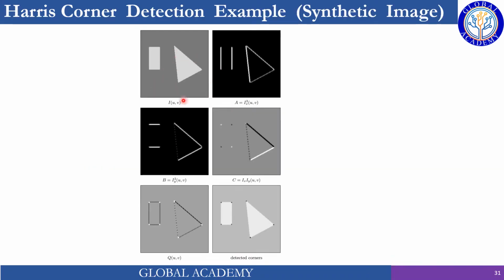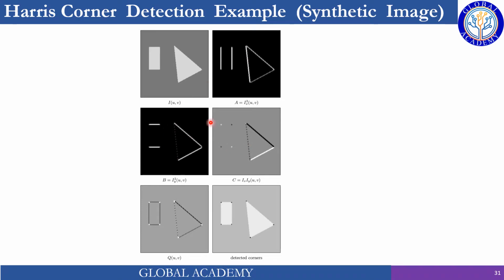Here is the original image, then some derivatives, and then detected corners. You can detect corners at all the points. You can compute eigenvalues, and based on them you can compute ix, iy, and then ix square, iy square, ix iy.